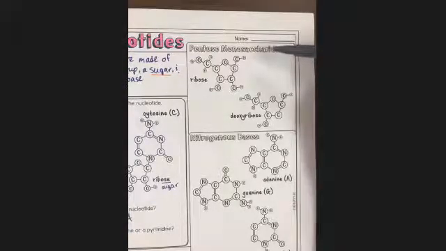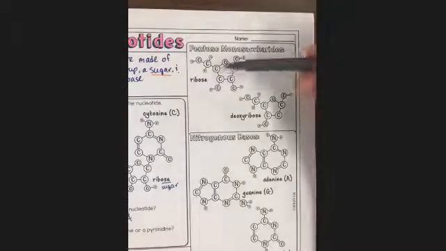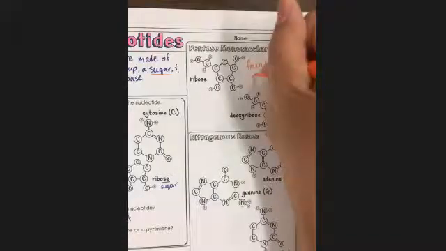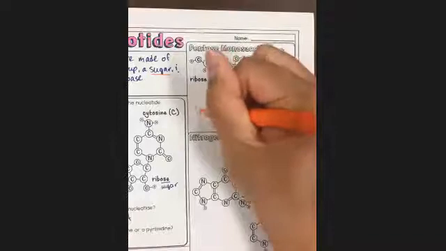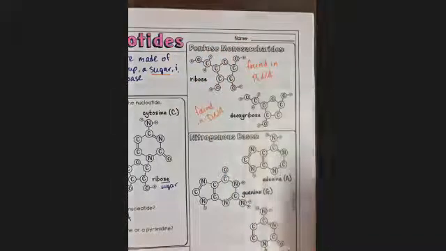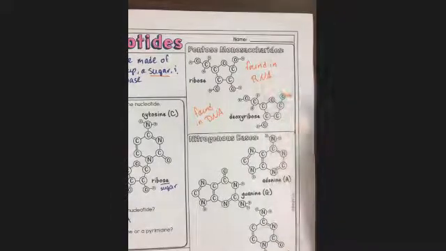If I look at these pentose monosaccharides, I have 2 types. I have ribose, which is found in RNA, and deoxyribose, which is found in DNA. You can see they look very similar.